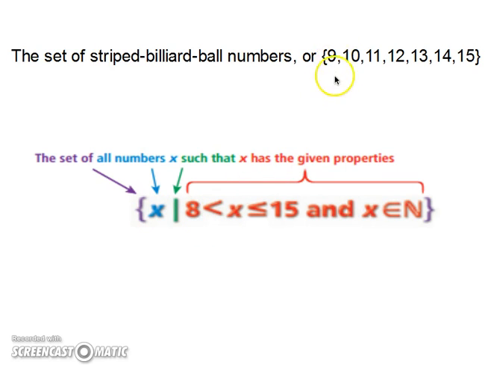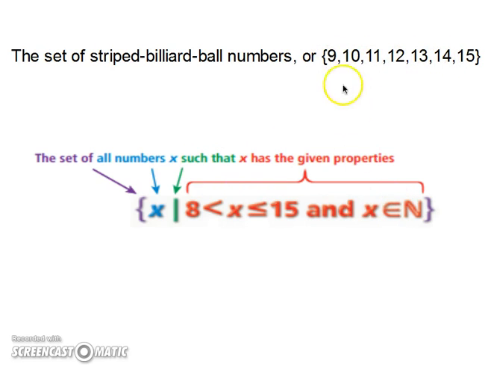Now the billiard balls are the numbers 9 through 15. It doesn't include the value of 8. So 8 is less than x, so a less than sign, and then you have a less than or equal to sign for 15, because you're including the value of 15. 15 is one of the balls. Now, you have to be very careful, because you don't have any billiard balls labeled 9.7. They're very clearly labeled with whole, or natural numbers rather.